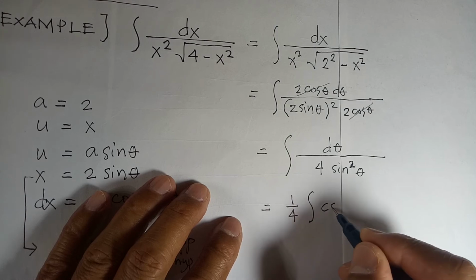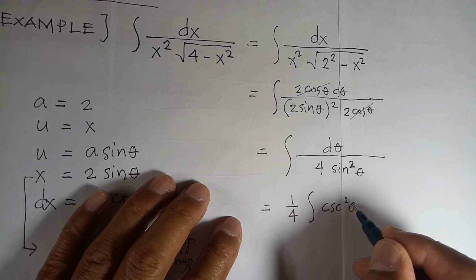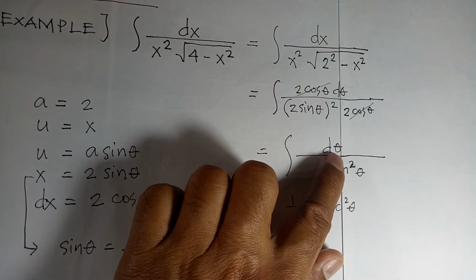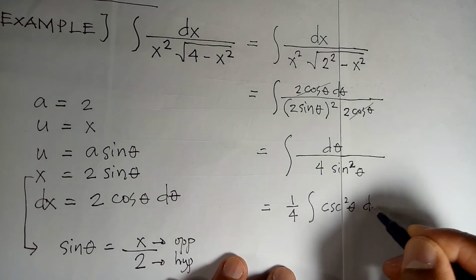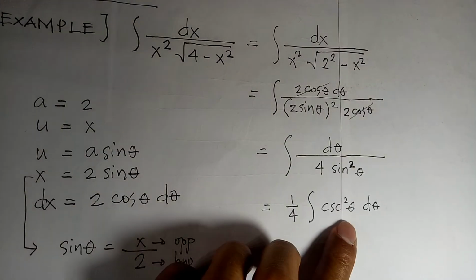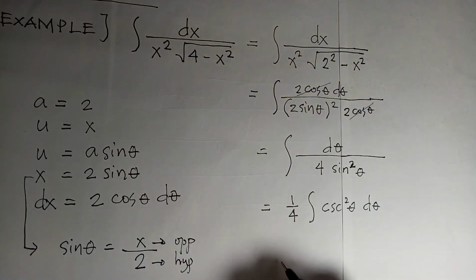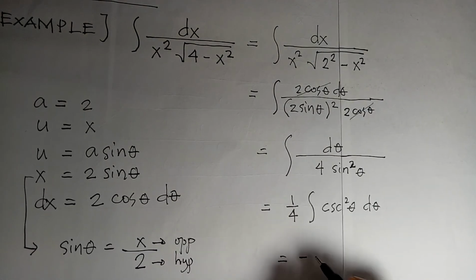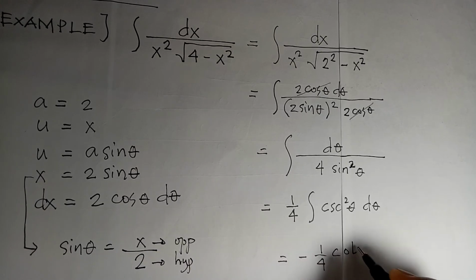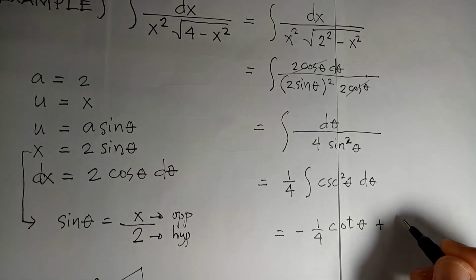So, cosecant squared of theta. Tapos, yung d theta. Okay, so readily integrable na siya. Equals sa negative cotangent of theta. So, magiging negative 1/4 cotangent of theta and then plus c.